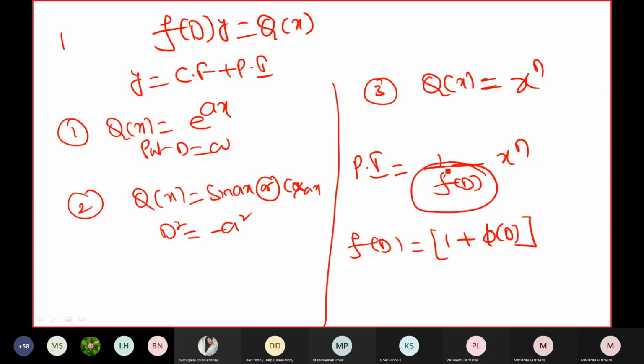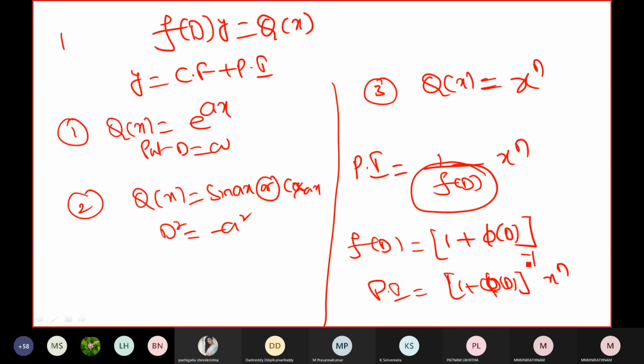Because of the denominator, this will be 1 plus phi of d whole inverse into x power n, that is, 1 plus phi of d whole power minus 1. We should express this in the form of 1 plus phi of d, then 1 by this is nothing but 1 plus phi of d whole inverse.